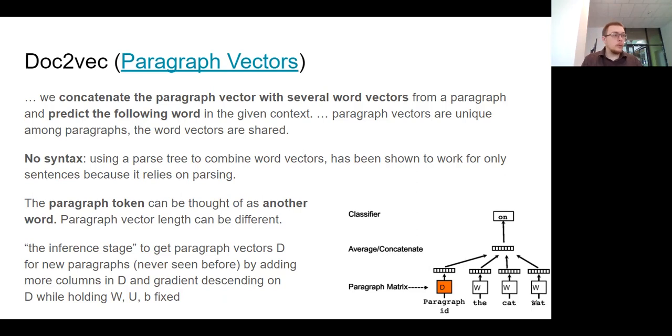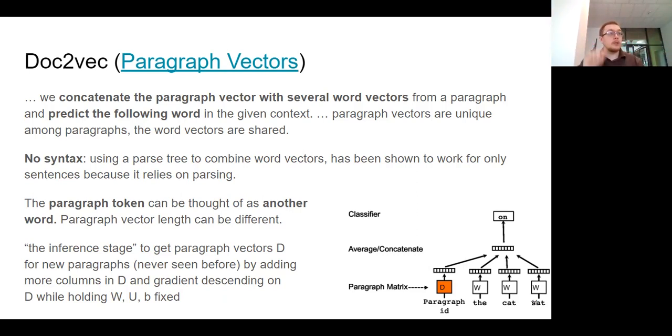So what will we do? We will take the data set, and we will assign to each paragraph a number. And let's say this number will be another fictional word. And we will concatenate this word to any context we use for training. So we take the same procedure as word2vec: we take the context and we predict.